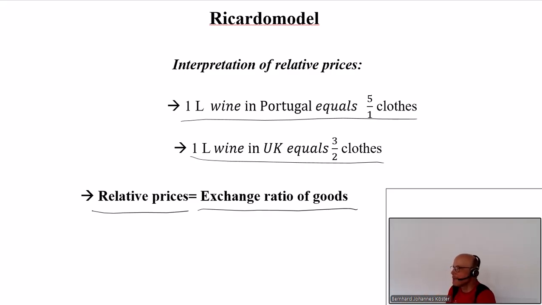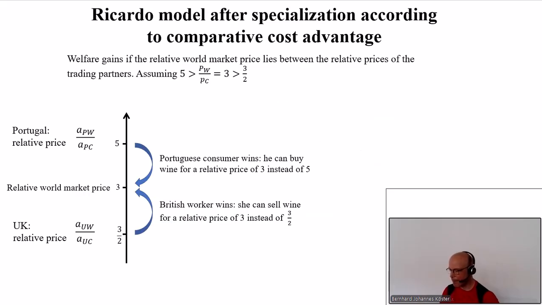within the two countries. And now we can ask ourselves, what will happen given these two exchange ratios if the two countries open their borders? Well, why should they start to trade? Let's look first from the perspective of Portugal. In Portugal, we have the exchange ratio of 5:1.